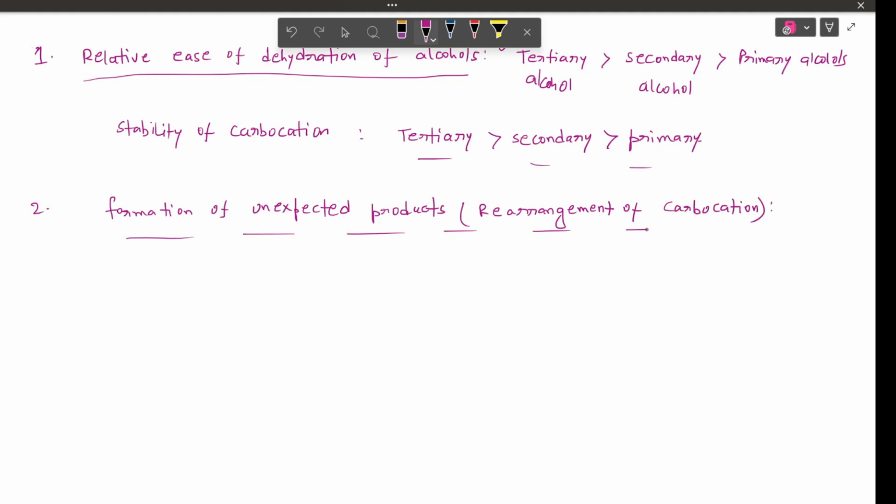So let us say this. Certain alcohols on acidic dehydration yield unexpected products. That is, they yield such alkenes in predominant amount in which the position of the double bond is not that expected from the structure of the original alcohol.